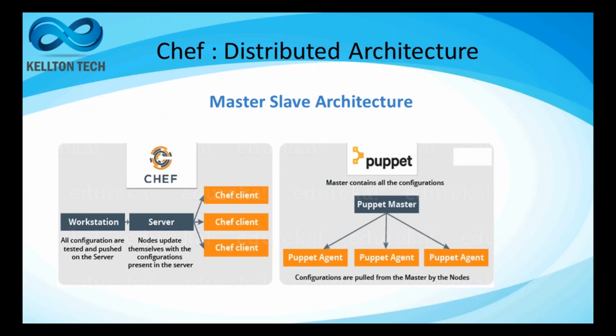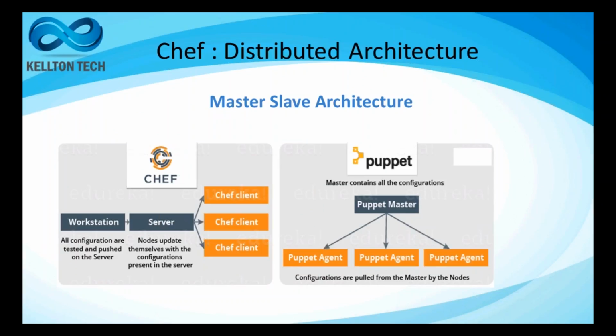This is the master-slave architecture of Chef, between the Chef server and the Chef clients. In the workstation, all configurations are tested and pushed onto the server and the nodes.